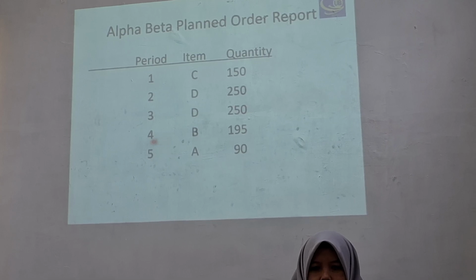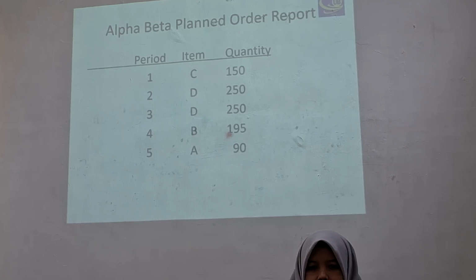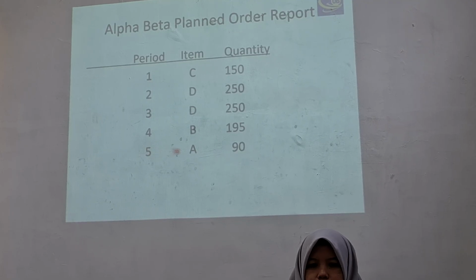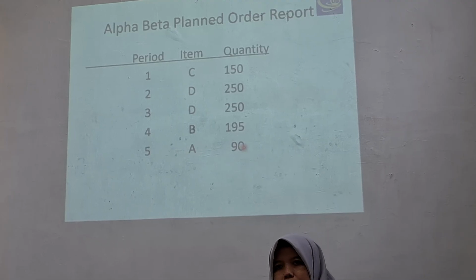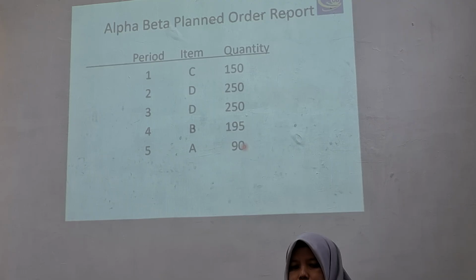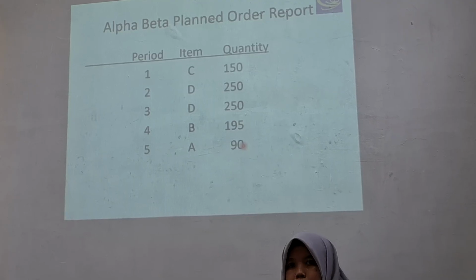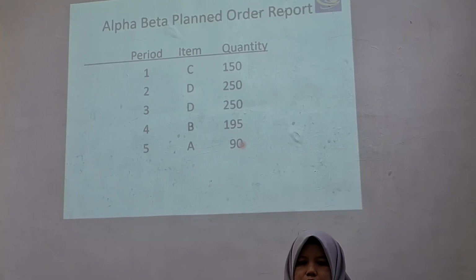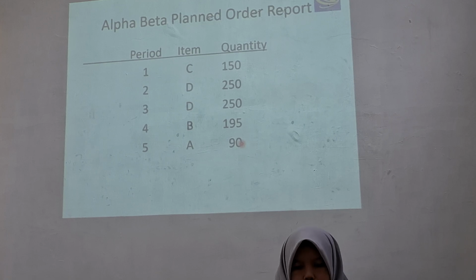Item B in period 4, there is a need for item B. And the last, period 5, need for item A is 20. This is the conclusion, so the manager knows the requirement for each item to be produced.